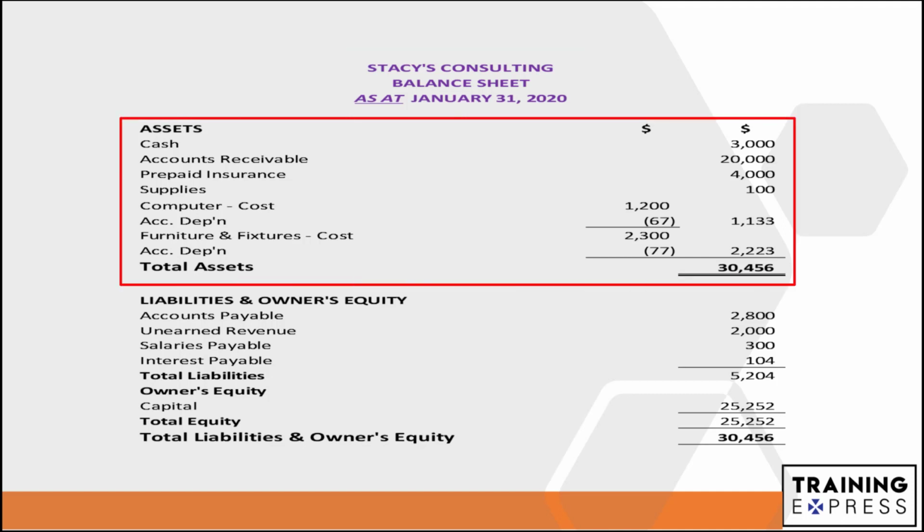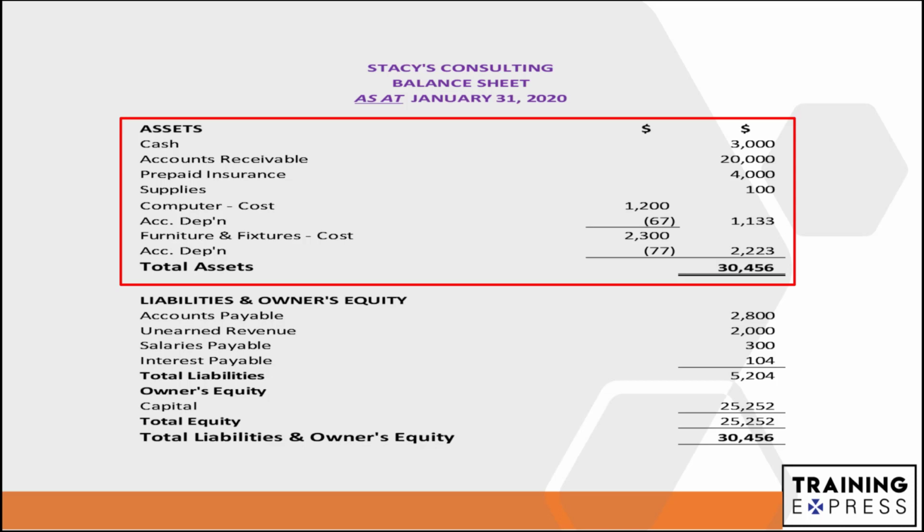Now let's look at the asset side of this balance sheet. You would have cash, accounts receivable, prepaid insurance, supplies, and after that you will have computer cost and minus accumulated depreciation.